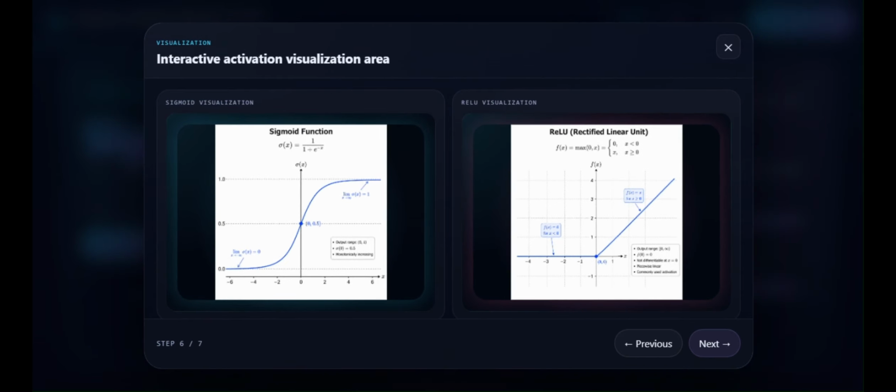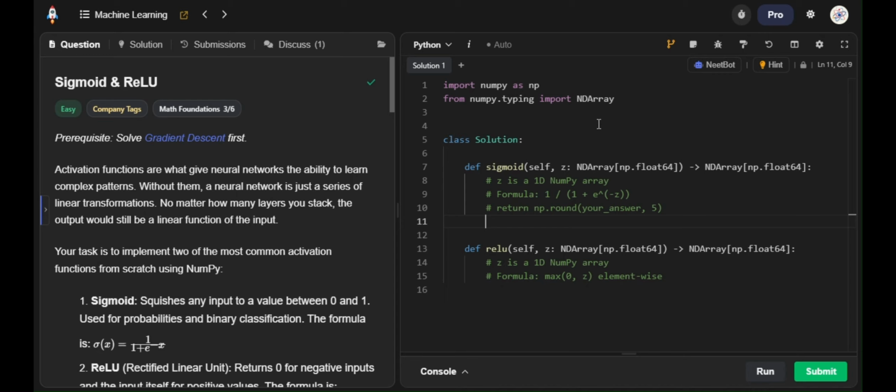So let's begin with the implementation. Now let's begin with the implementation of sigmoid and ReLU function. As you can see, we are given the sigmoid function which takes z, a numpy array, as input. What we have to do is transform every element in the z numpy array in the range of sigmoid. So we have to basically apply the sigmoid transformation on every element of z. How will we do it?